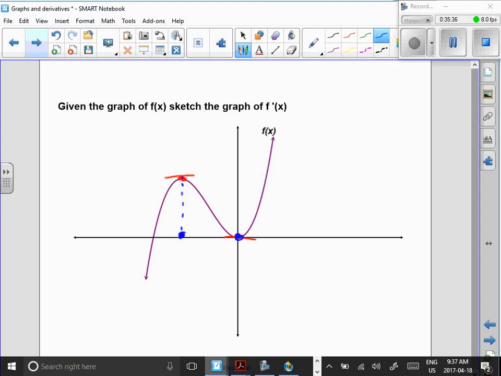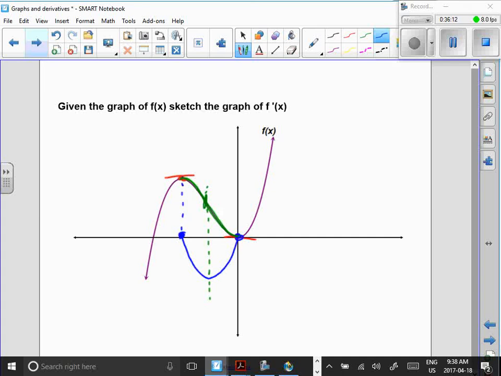In between those 2 points, the slope of the tangent is always negative, but it reaches its most negative point somewhere in here. So it's negative, negative, negative, starts to get less negative, back to 0. Somewhere in here, it hits a maximum negativeness and goes back to 0.